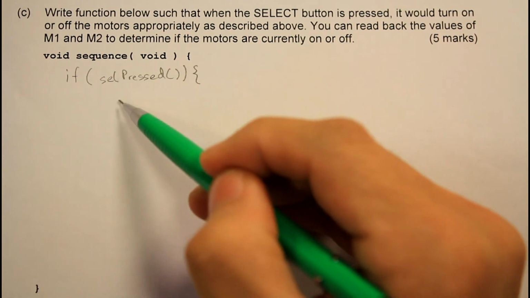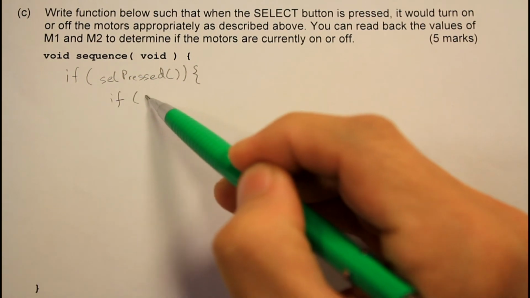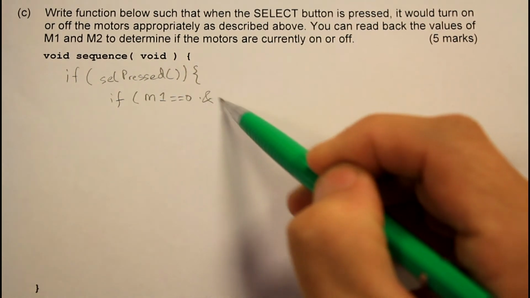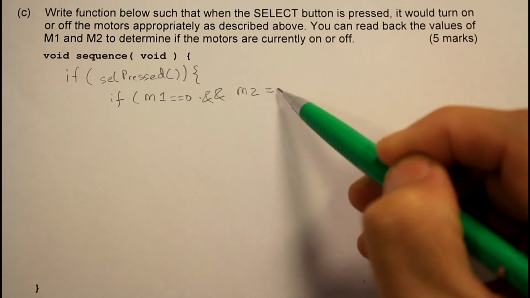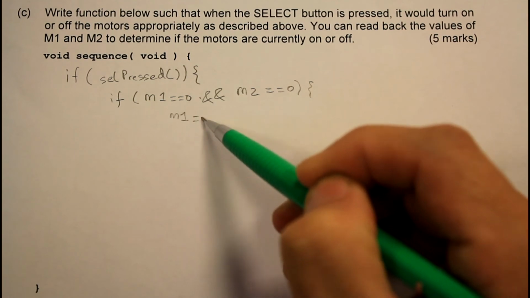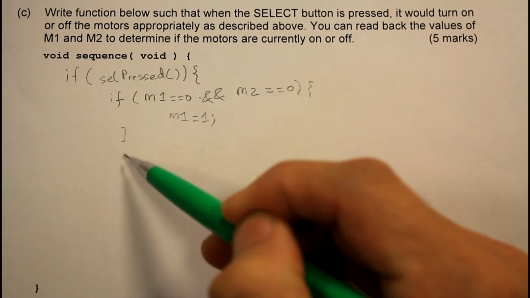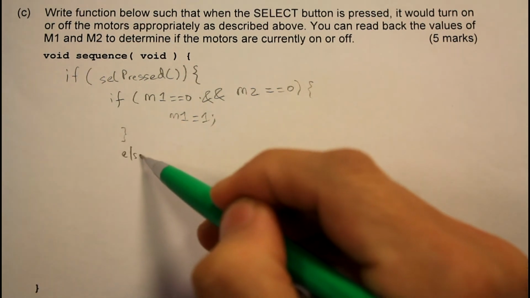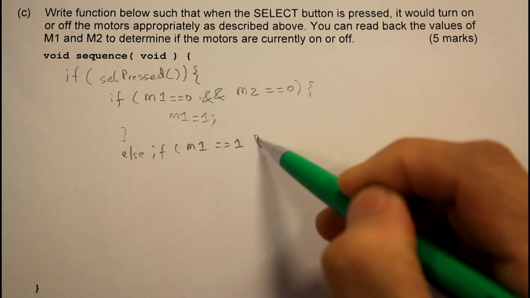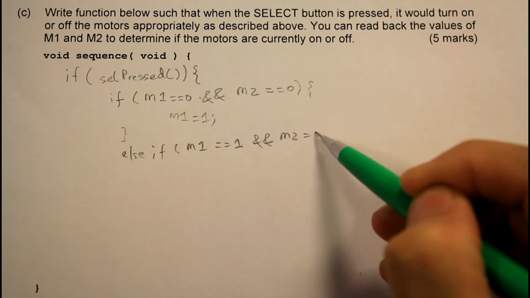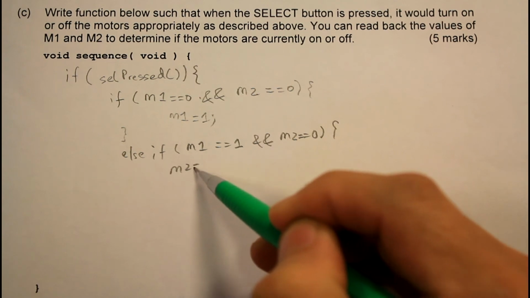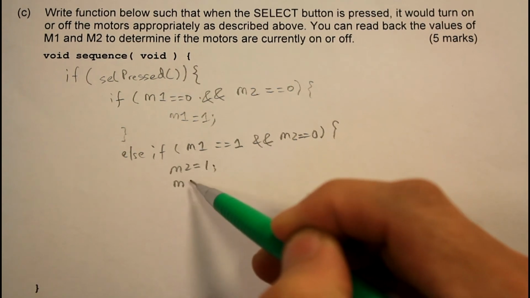So the first thing that we have to do is to check the state of the motor. If the state of the motor is such that M1 is off and M2 is also off, then we have to turn on M1. Else, if M1 is on and M2 is off, then we have to turn on M2 and turn off M1.